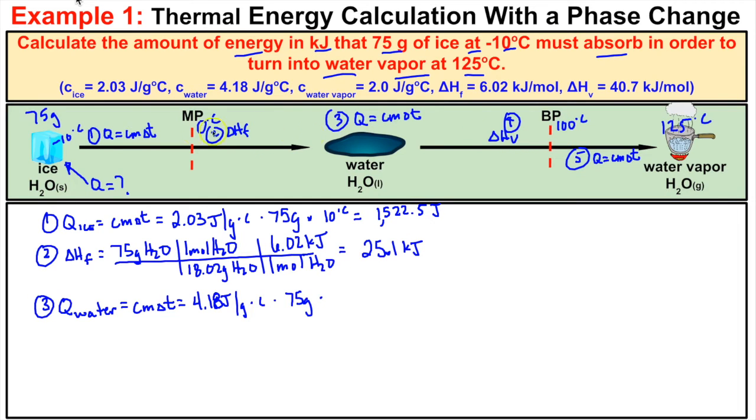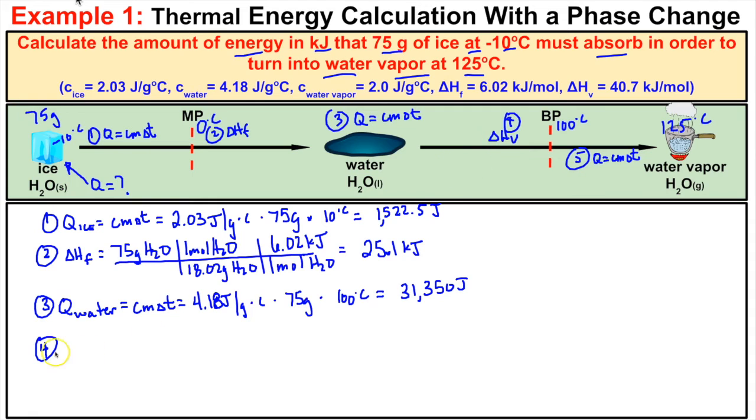If it goes from 0 to 100, we take final minus initial, and we end up with 100 degrees Celsius. So we simply take 4.18 times 75 times 100, and we end up with 31,350 joules.